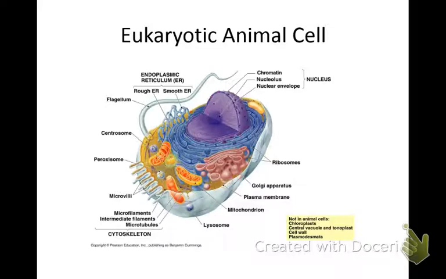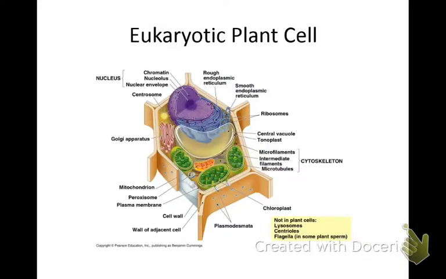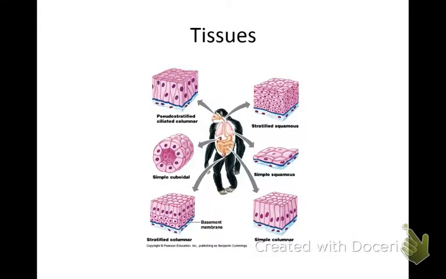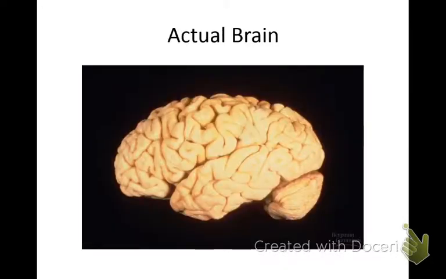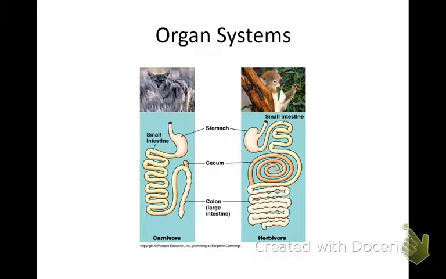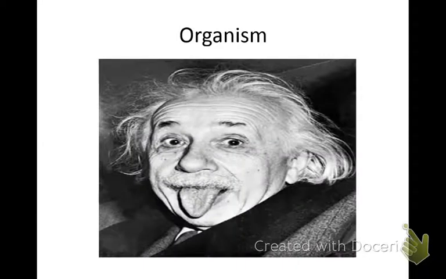And so cells grow together and make up tissues, like a skin or an organ, like the tissues that make up an organ. And the tissues grow together and make up an organ. And then the organs all together make up an organ system. And then all the organ systems together make up the organism.